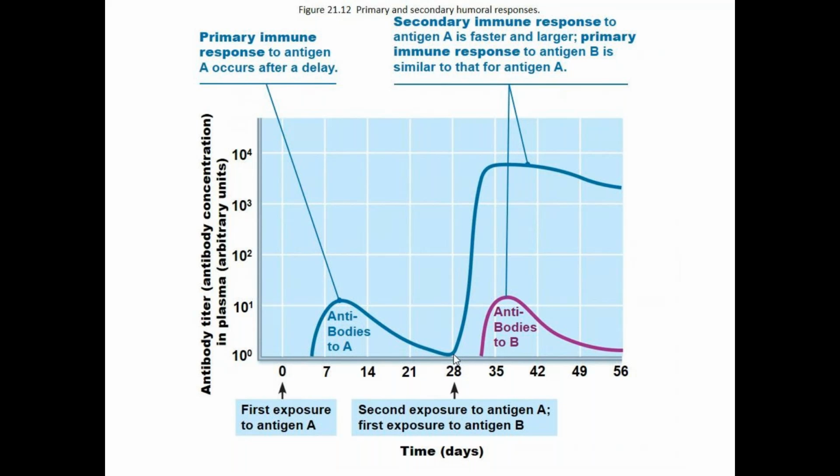we mount an immediate response, within hours. We make a lot of antibody a lot quicker, and if you look at the serum levels of antibody, significantly more than we produced before. We make a lot more antibody, and it declines relatively quickly, again, within 2 or 3 days.